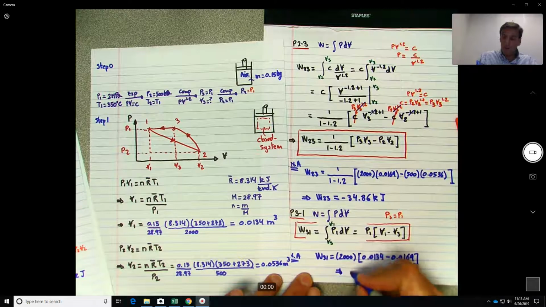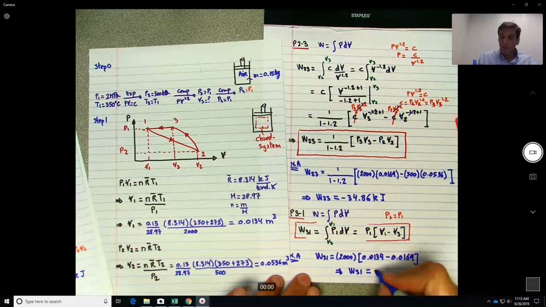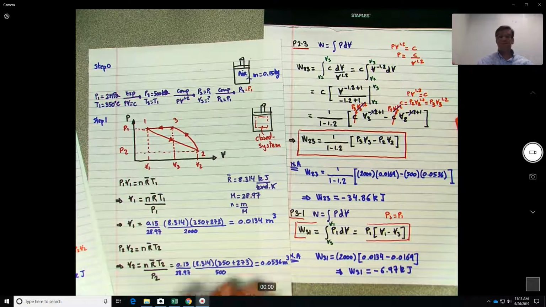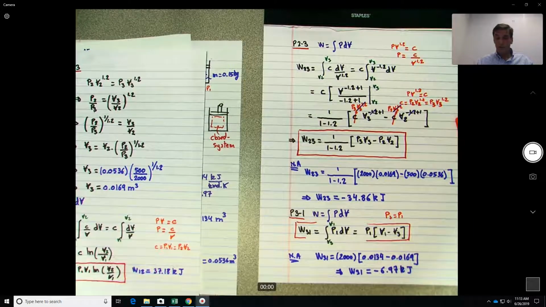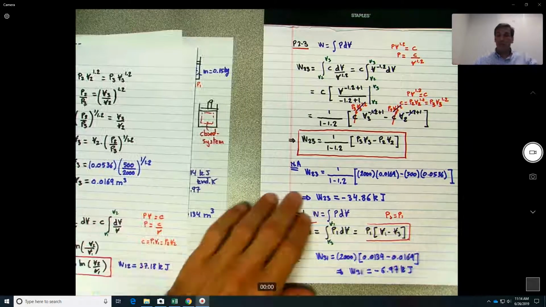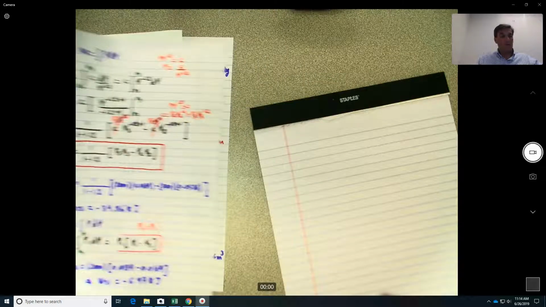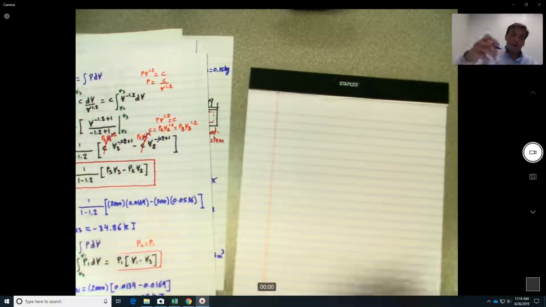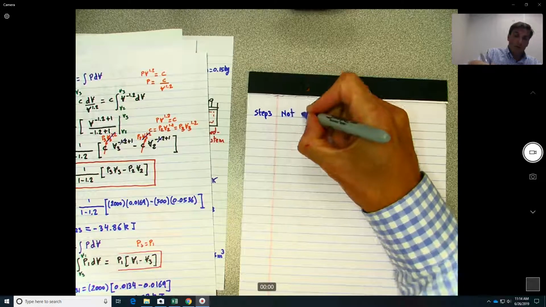So that gives us work 3,1 equal to minus 6.97 kilojoules. Okay, so basically we have all the information we need. So step 3 is not needed.